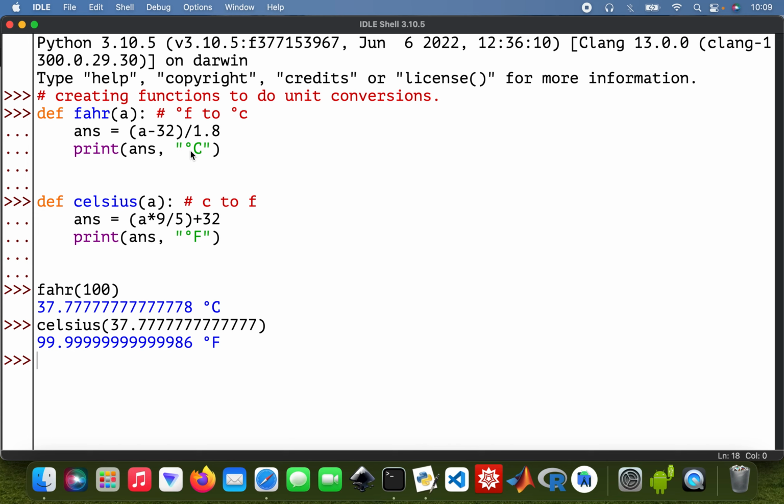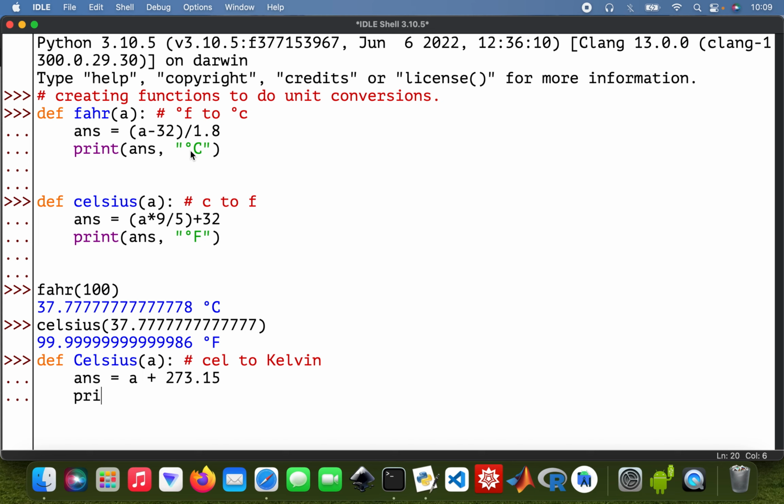Okay, cool. And then what I need to do now is also convert Celsius to Kelvin. So I'll create a new function, define that as capital Celsius. So that's Celsius to kelvins. And then my answer equals A plus 273.15.